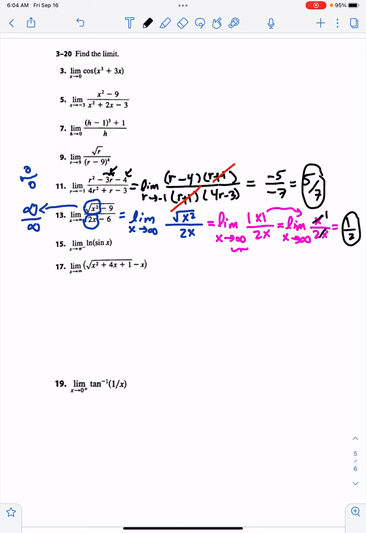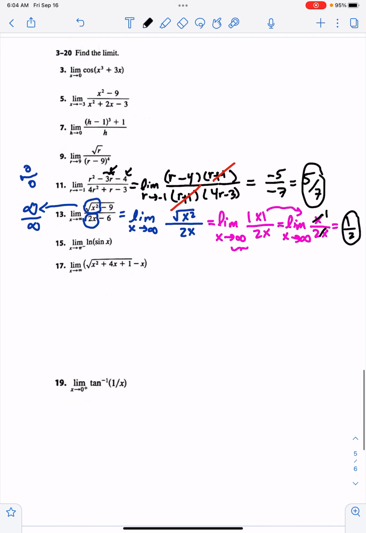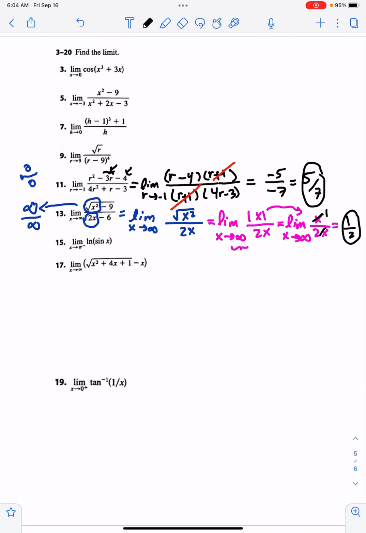Okay. The next one, number 15, limit as x goes to pi from a little bit less of ln of sine of x. Okay, let's just do the substitution here.